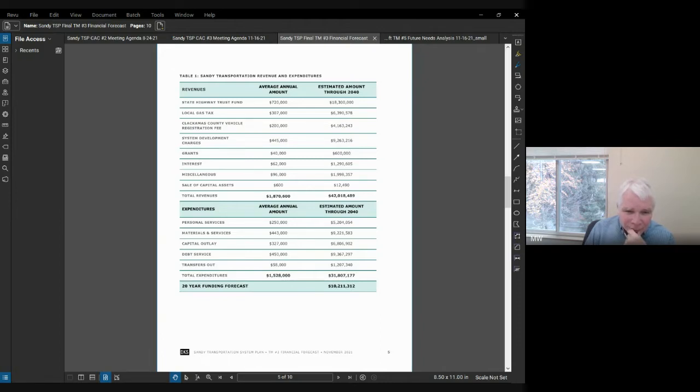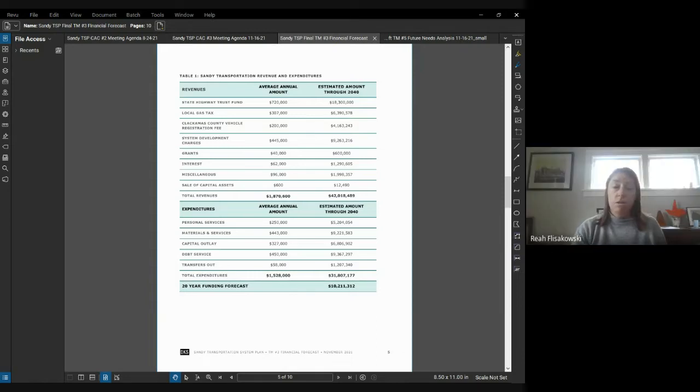So I would say that would either be flat with no inflation factor or declining a little bit over 20 years. I know there's been some research into how reliable fuel taxes are, and nobody has a crystal ball. So that was just a comment I had.